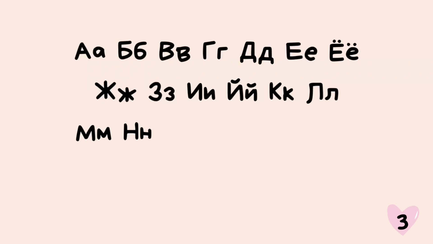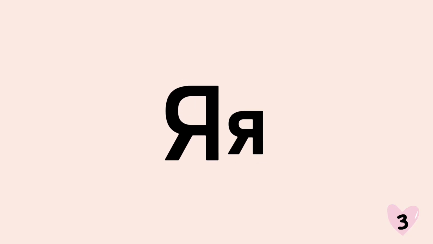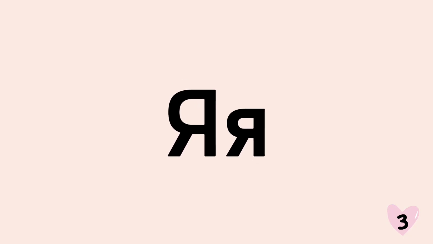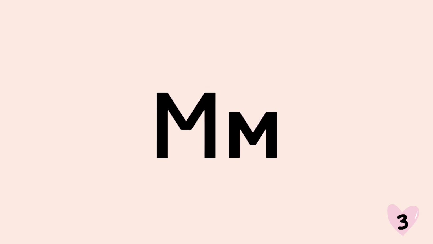So, now, before we wrap up for today, a quick quiz. Let's review all the Russian letters we already know. Can you remember which letter this is? Я. What about this letter? И. How about this one?